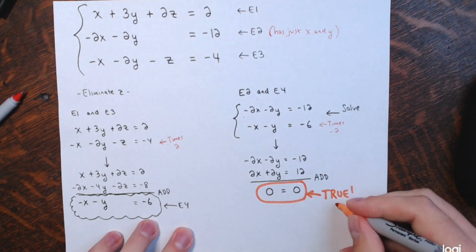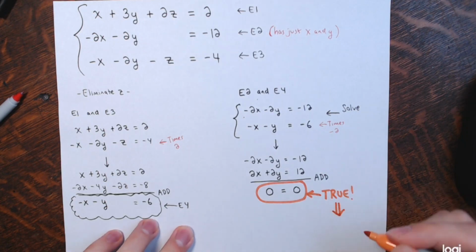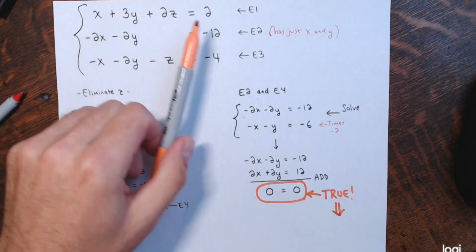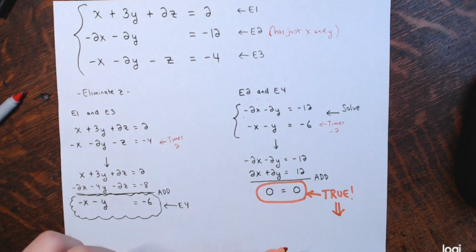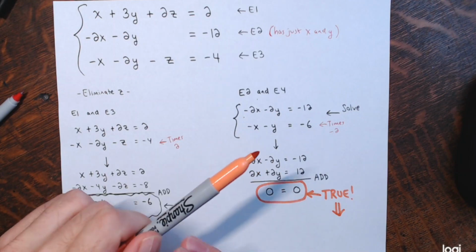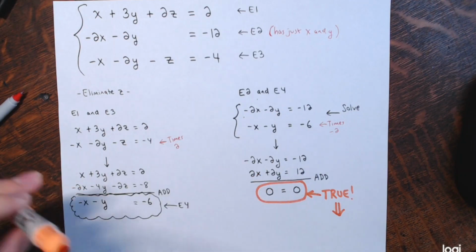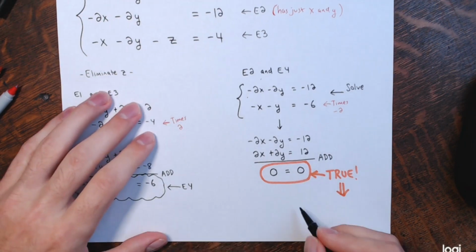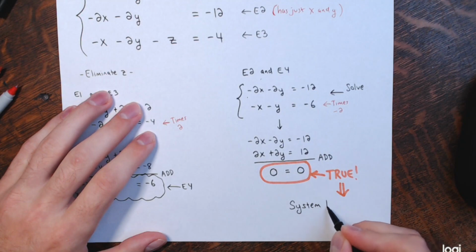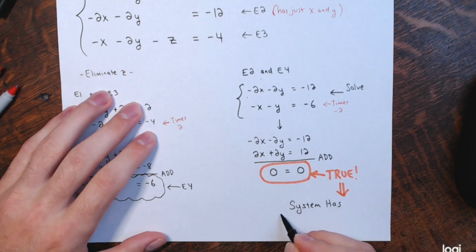If you try solving a system and you end up with 0 equals 0, or 1 equals 1, 2 equals 2, something that's clearly a true statement with no variables, that tells you that the system has infinitely many solutions.